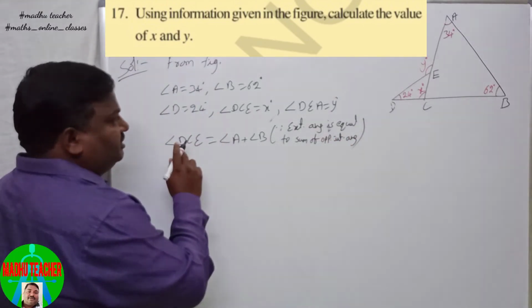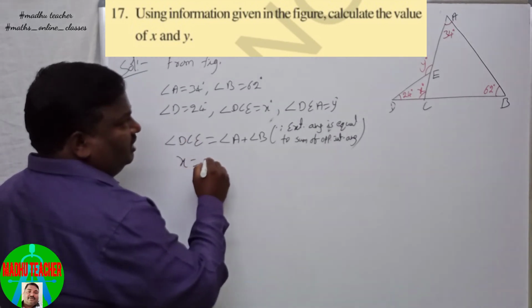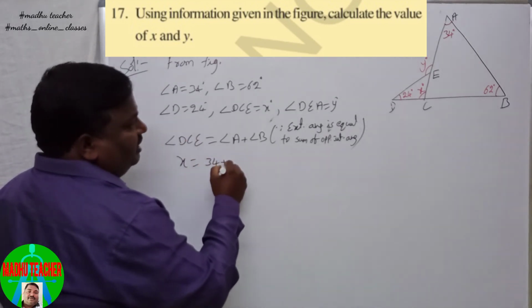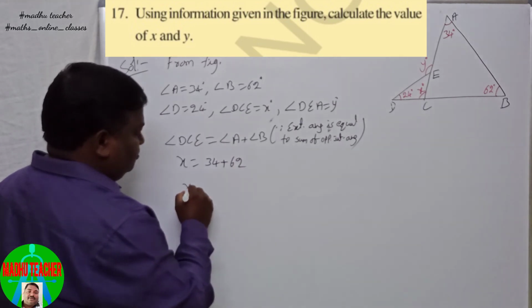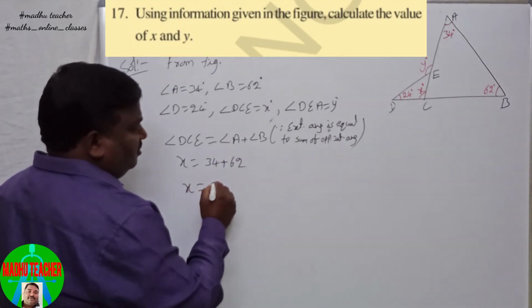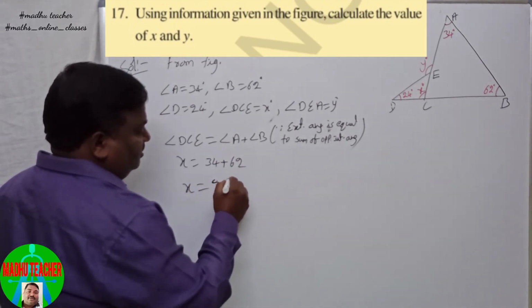Therefore, DCE is x equal to angle A 34 degrees plus angle B 62 degrees. So therefore, x equal to 96 degrees.